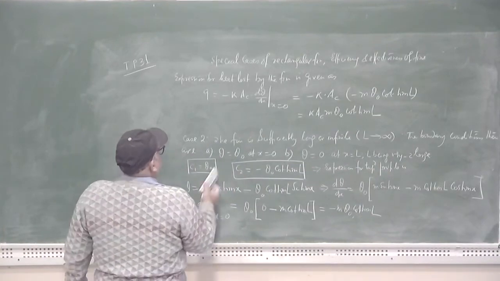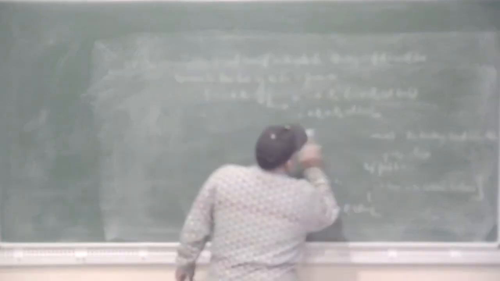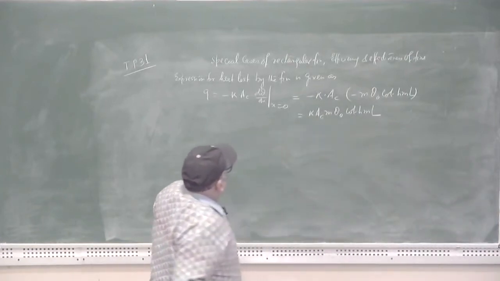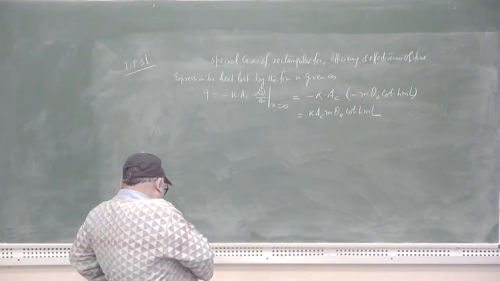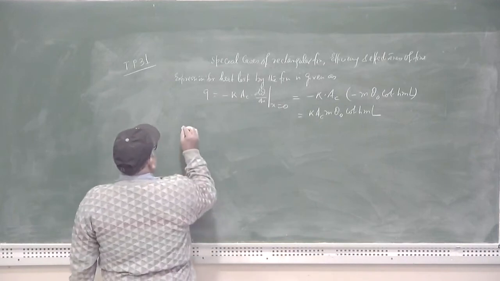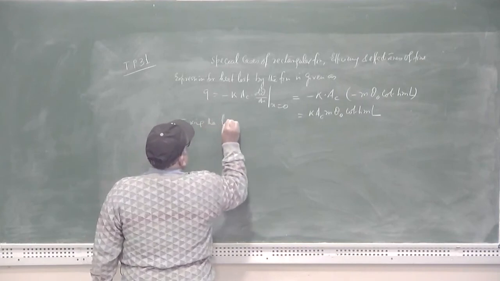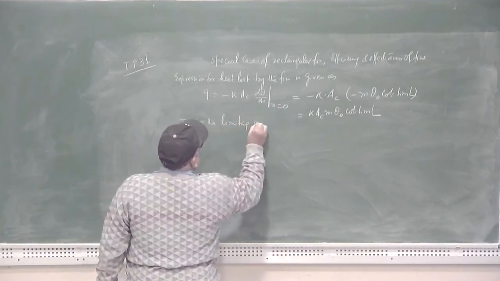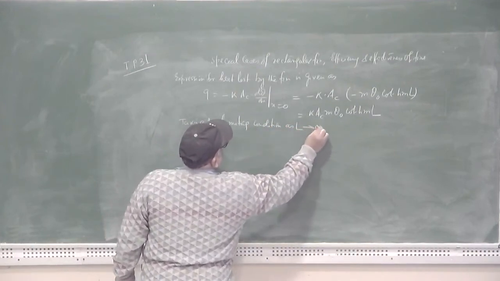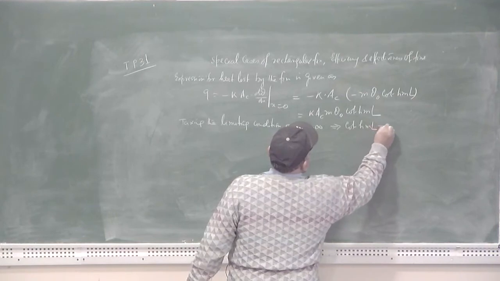Now, putting the limiting condition. So taking the limiting condition as L tends to infinity, then cot hmL will tend to 1.